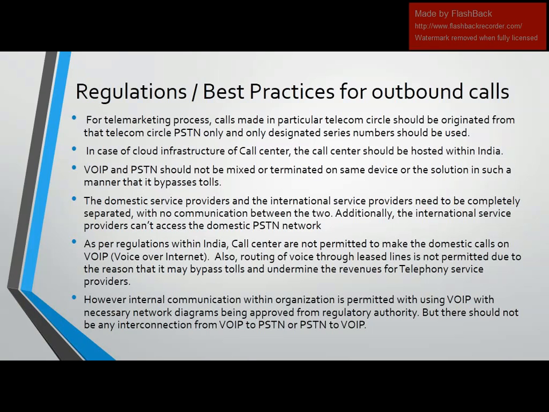VoIP and PSTN should not be mixed or terminated on the same device or solution in such a manner that it bypasses toll. The domestic service providers and the international service providers need to be completely separated with no communication between the two. Additionally, the international service providers can't access the domestic PSTN network.